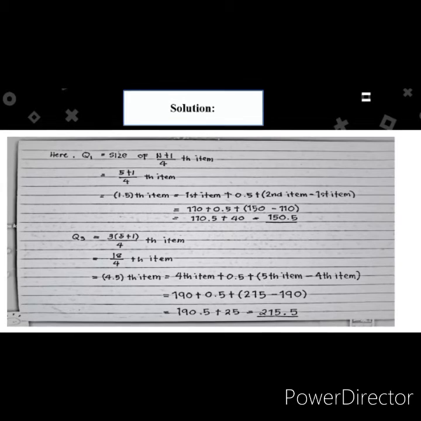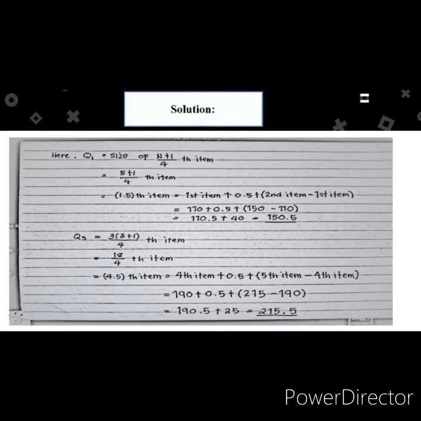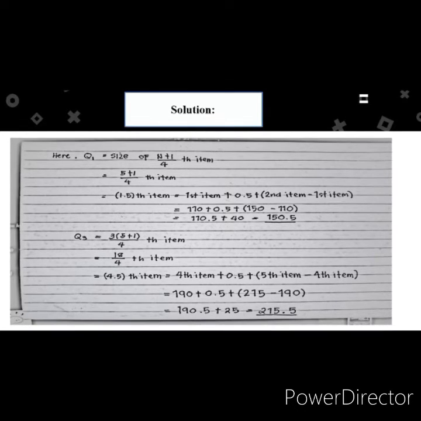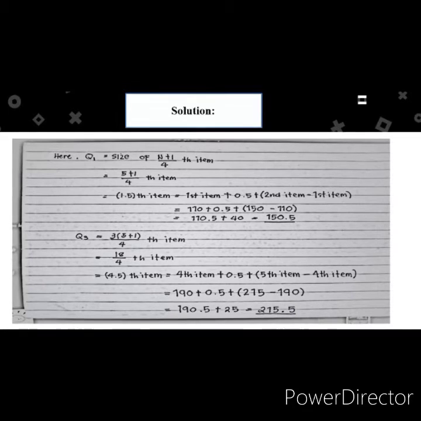So for quartile 3, we have 3 times (5 plus 1) over 4 nth item. So the answer is 18 over 4 nth item, and 18 divided by 4 is the 4.5th item. So we take the fourth item, 190, plus 0.5 times 215 minus 190.